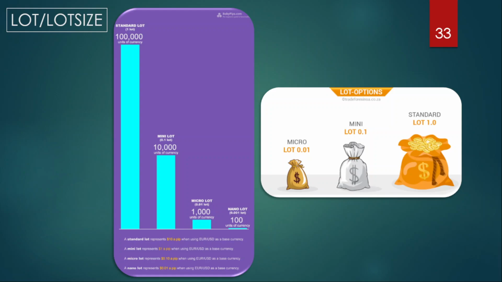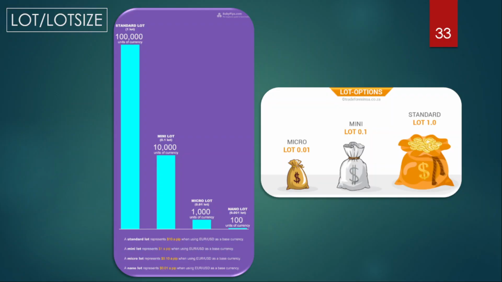A micro lot is equal to 1,000 units. And then finally we have what you call a nano lot. A nano lot is equal to 100 units.